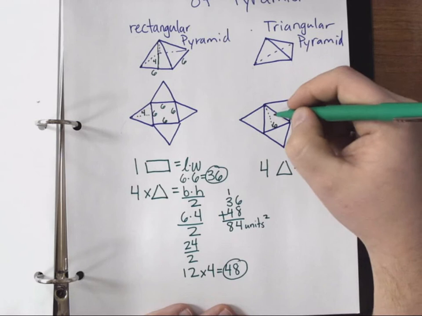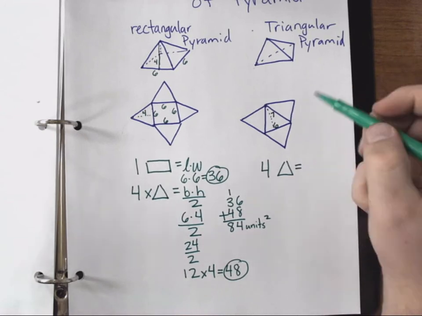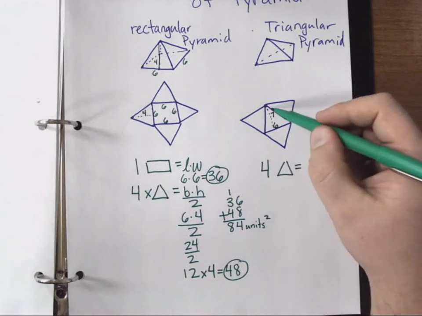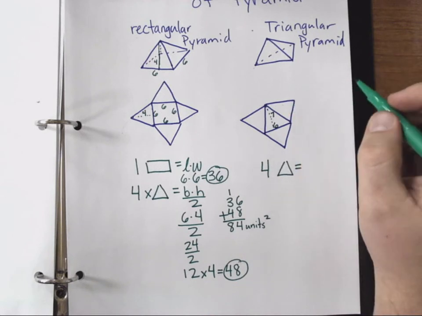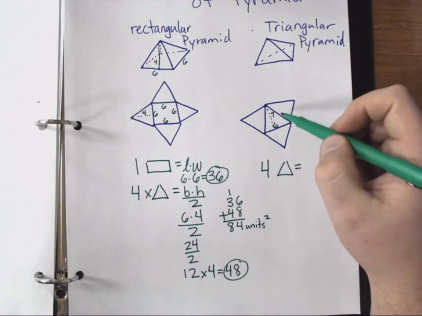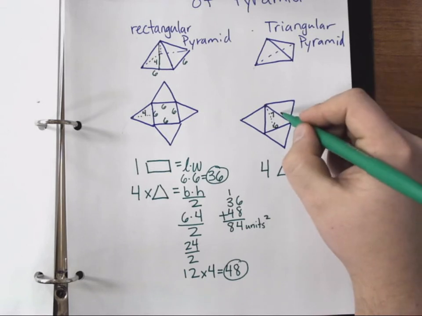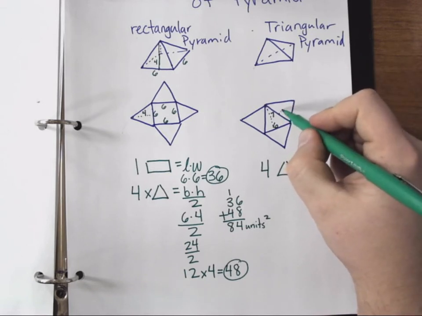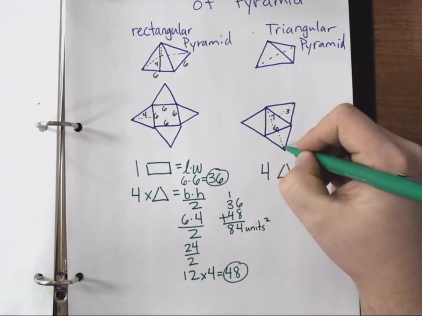Okay, one side is 6 and my height is going to be 7. So that means that each of my sides of my triangle are all 6, but my other triangles, my height is only going to be 3 on all of these triangles.